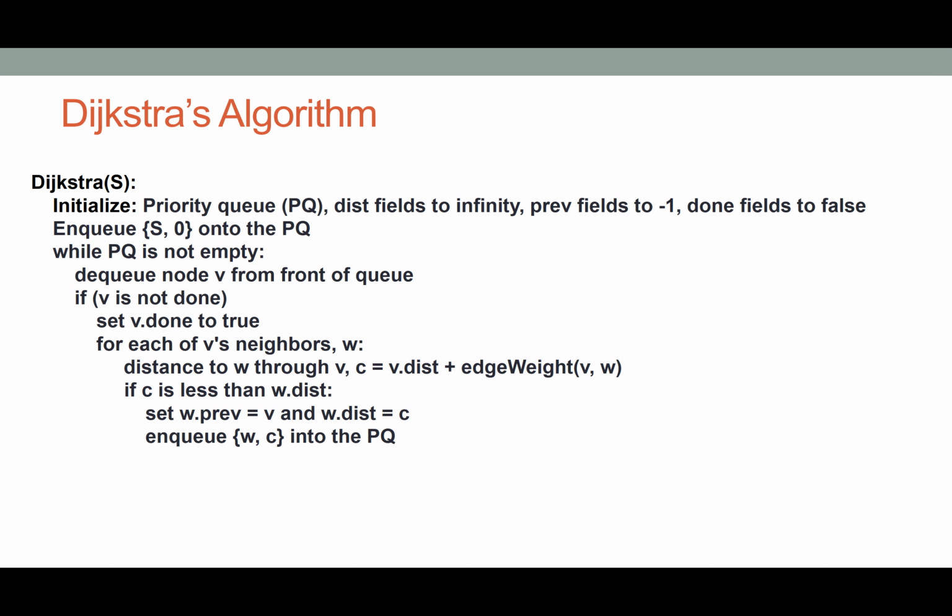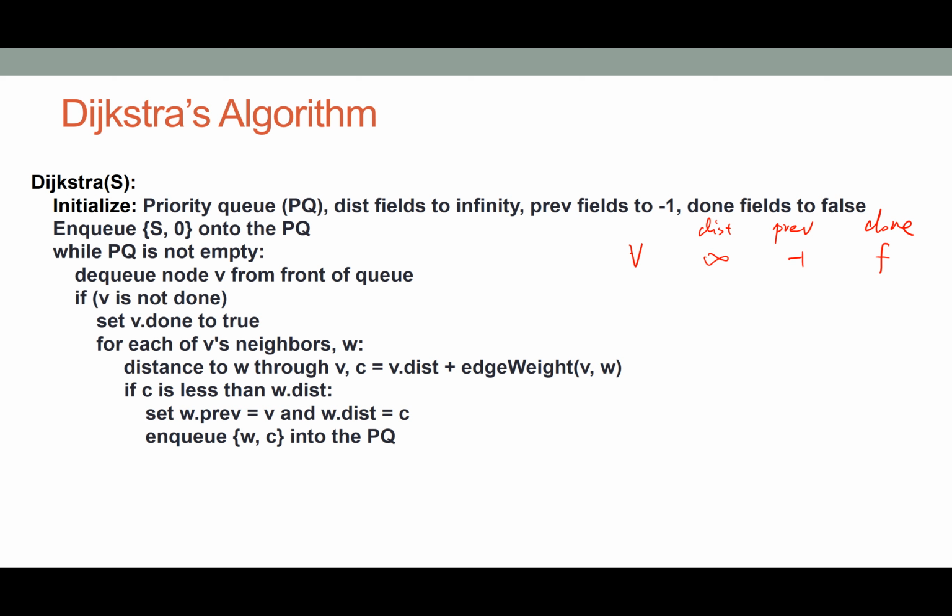So how does A-star work? Let's just do a quick review of Dijkstra's. We talked about this in class. Basically, for Dijkstra's, each node V has a distance, has a previous, has a done. Initially distance is infinity, previous is -1, done is false.